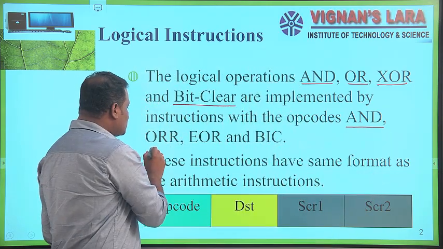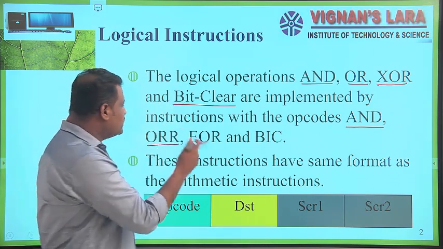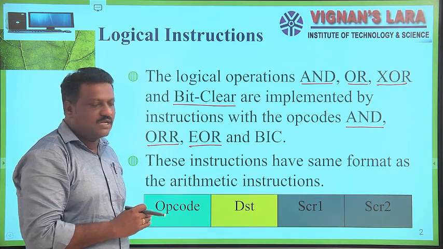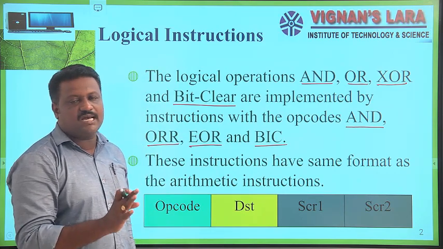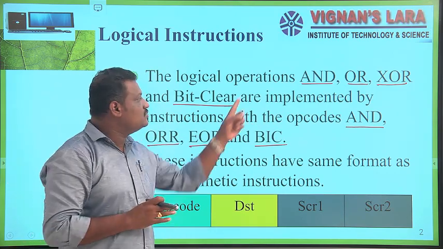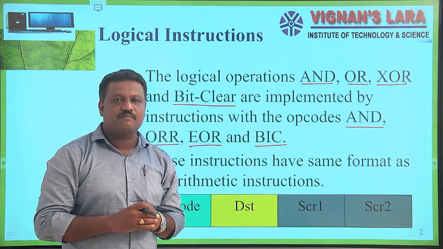To do logical OR, we have the instruction ORR. To do exclusive OR, we have the instruction EOR. To do a bit clear, we have the instruction BIC. These are the different mnemonics to do logical operations in ARM processor.